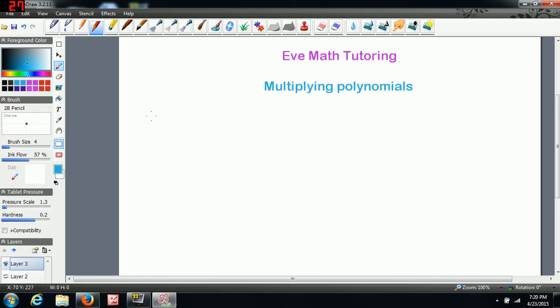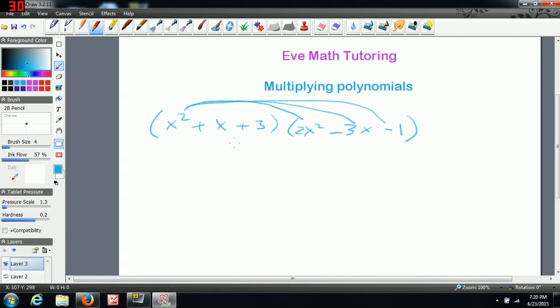So let's do x squared plus x plus 3 times 2x squared minus 3x minus 1. Okay, so here we've got two trinomials. What you're going to do again is you're going to do this one, that one, and that one into all three, and then this one into all three, and then this one into all three.